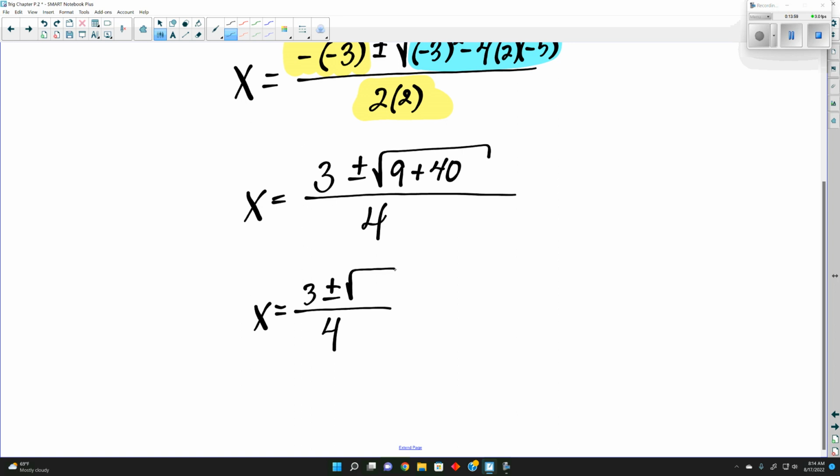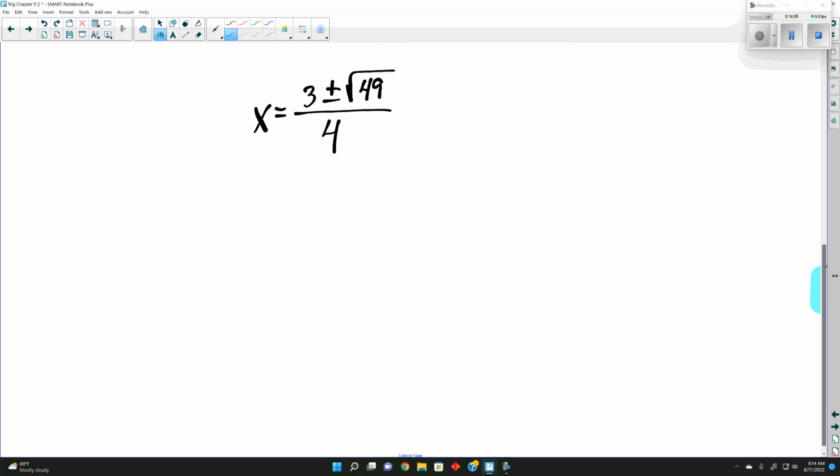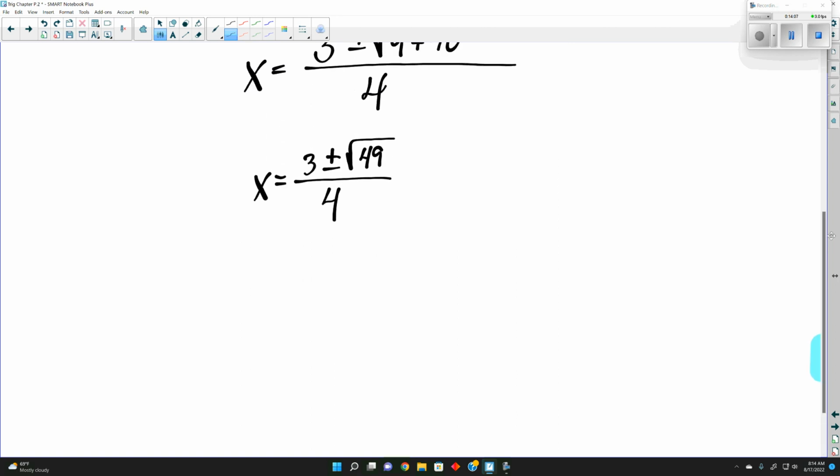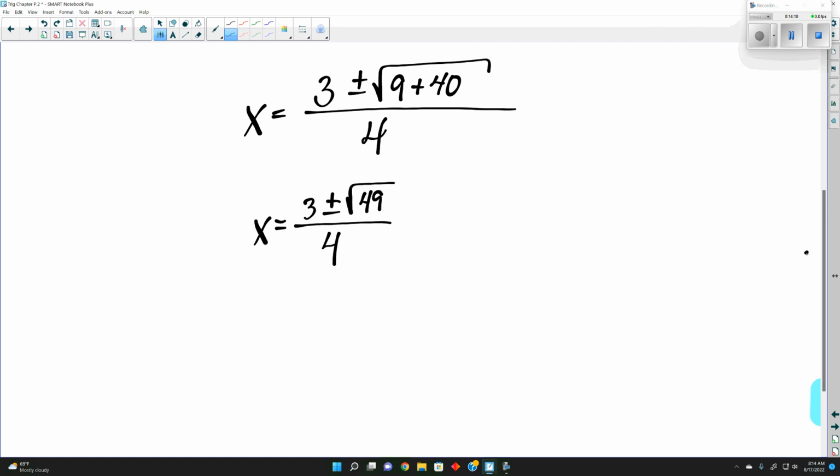And 40 plus 9 is 49. Now, luckily for us, that does simplify, because the square root of 49 is 7.